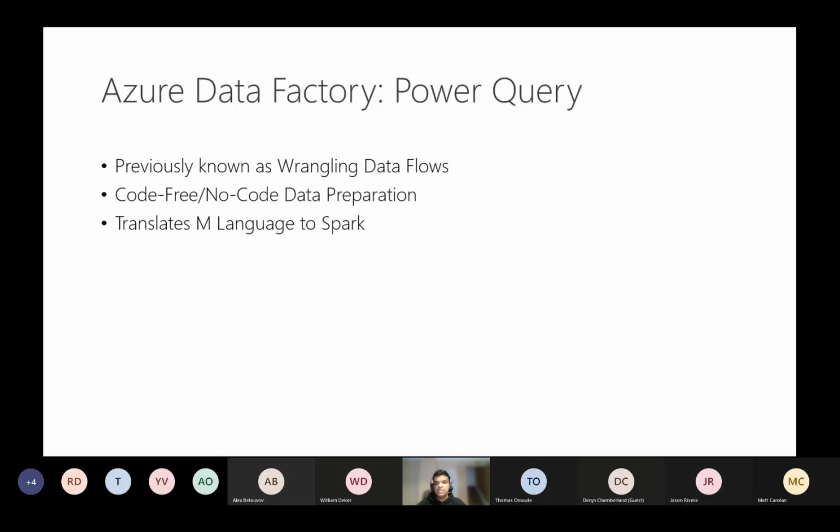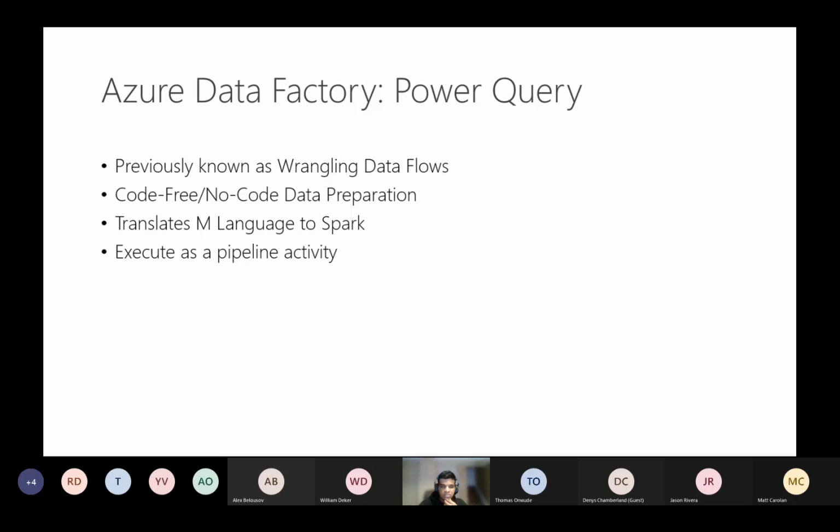So what happens is that the M language or the Power Query that you use in the front end in Azure Data Factory is converted into Spark code in the backend and is highly optimized for big data processing. So that's just a bit about how the backend works.